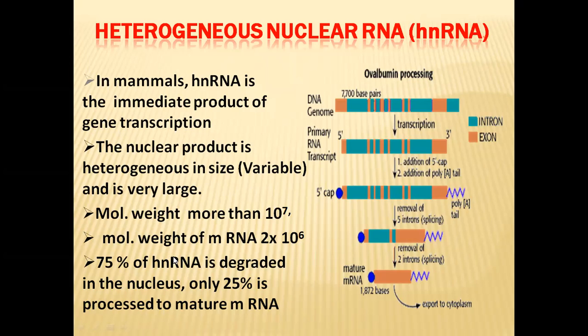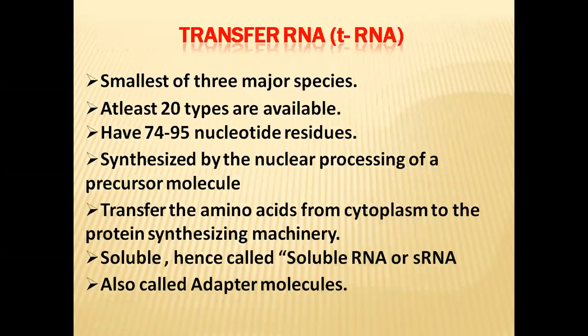Of all the primary RNAs, 75% of the hnRNA material will be degraded in the nucleus. Only 25% of its content will be processed into mature mRNA, and this mature mRNA will be exported into the cytoplasm for translation to occur.